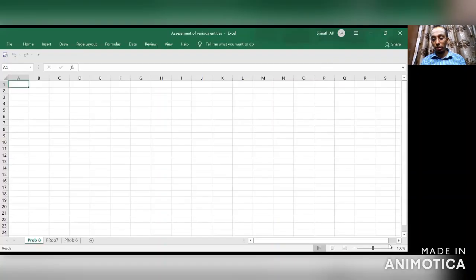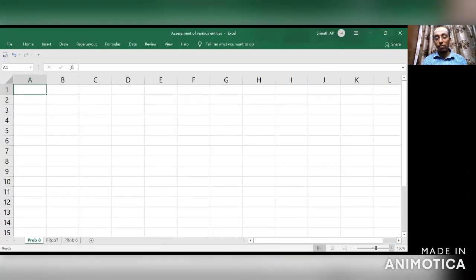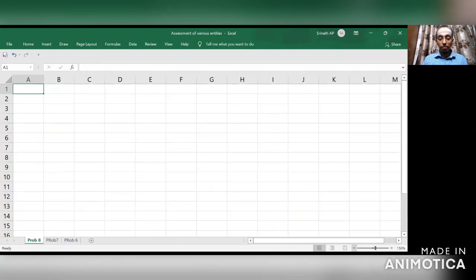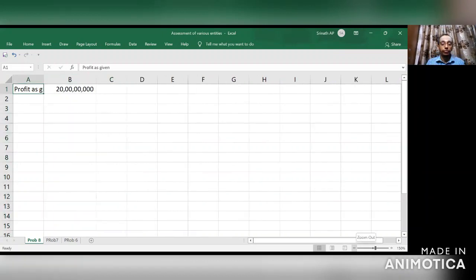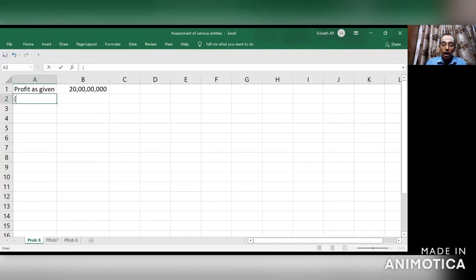Hope you are all able to see my Excel here. Profit given is 20 crores. Add depreciation, 18 crores.